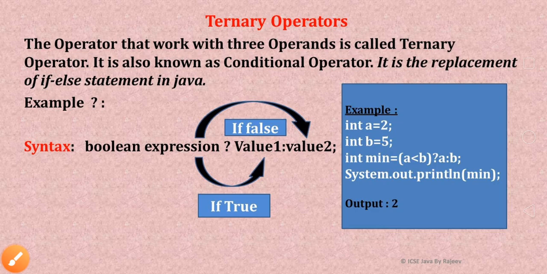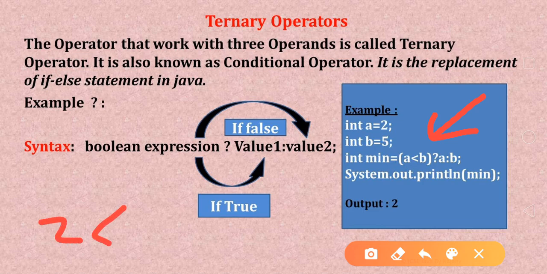So see this example, a equal to 2, b equal to 5, min equal to, so here min is a variable, equal to a less than b. A less than b means 2 less than 5, which is true.